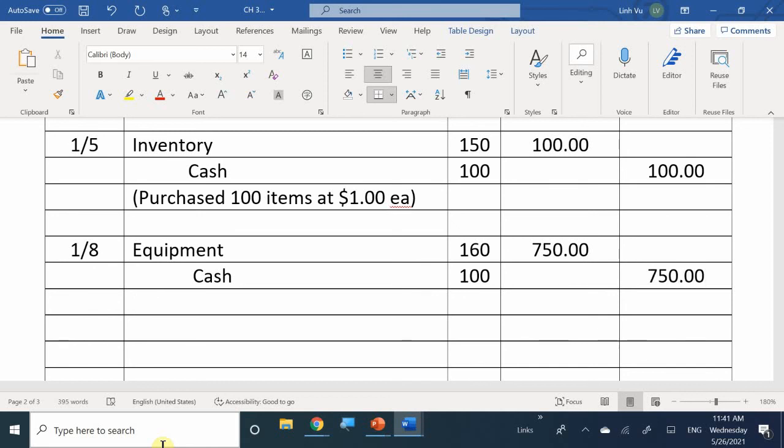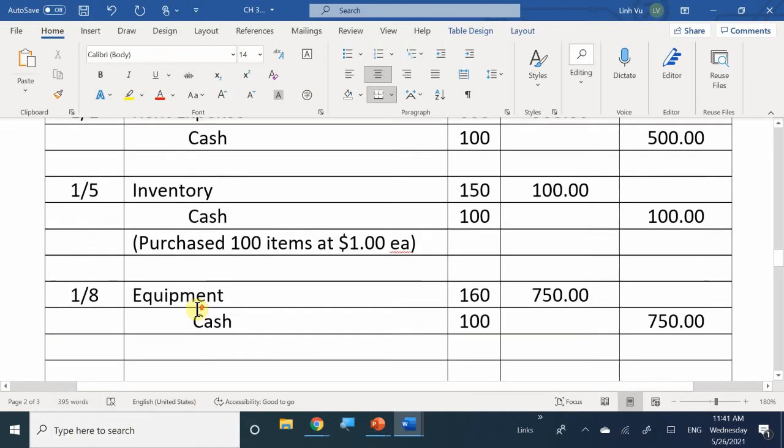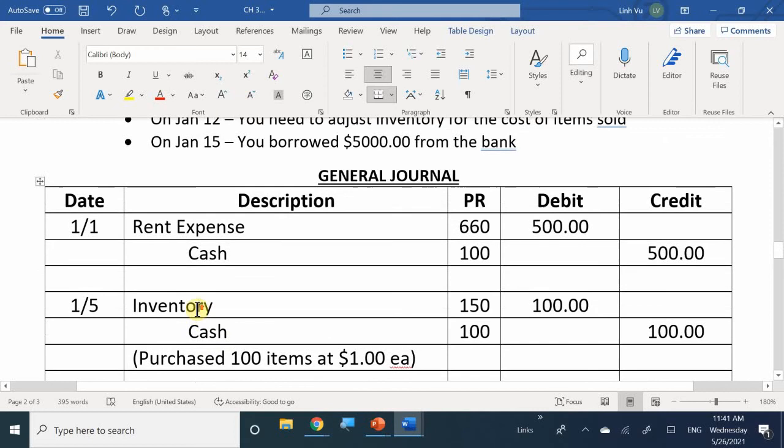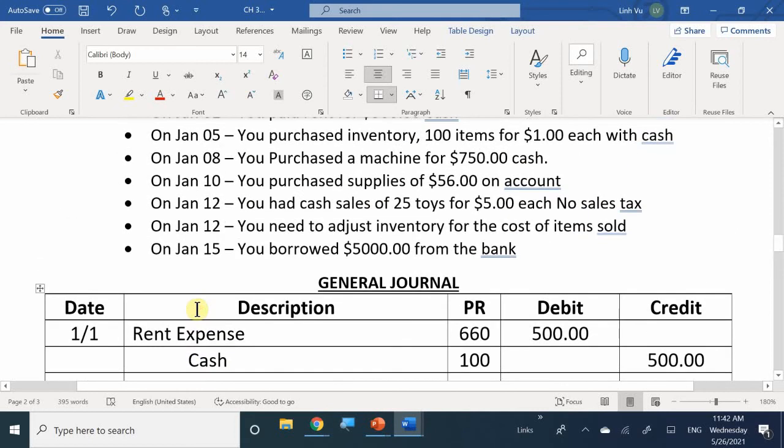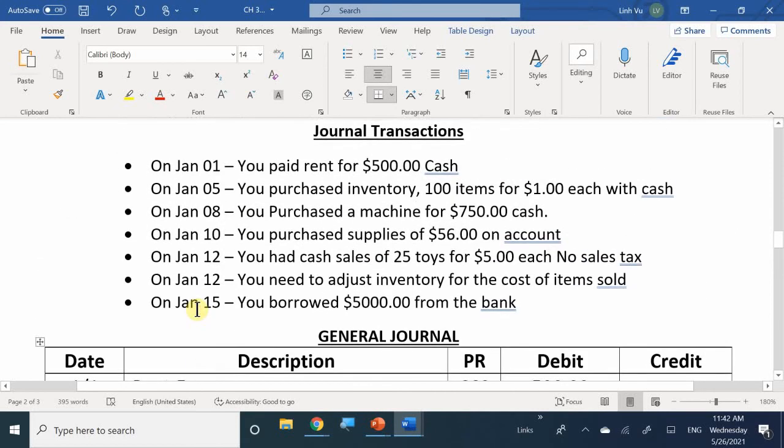All right, good. And of course, you can make a note here that you purchased a machine, etc., etc. But in this case, I just want to practice us getting the journals with the accounts down first. And then we can practice descriptions later on when we move into chapter 5.